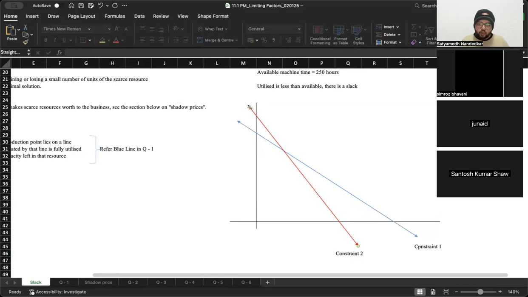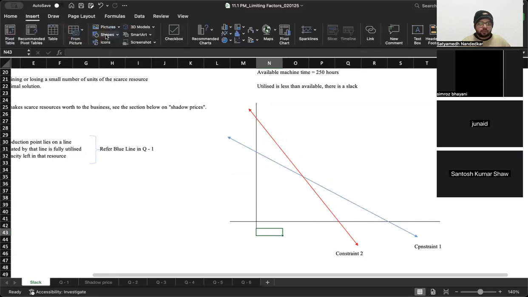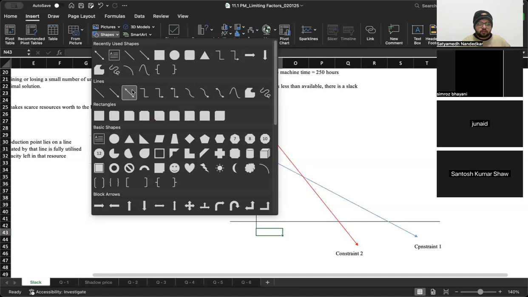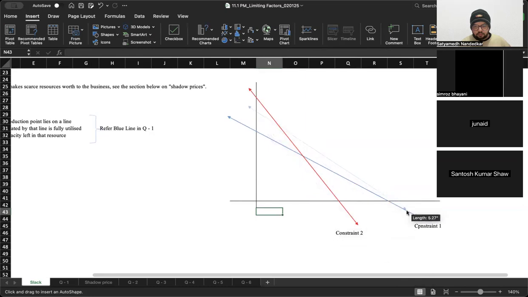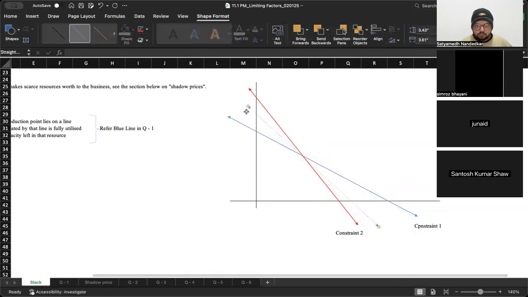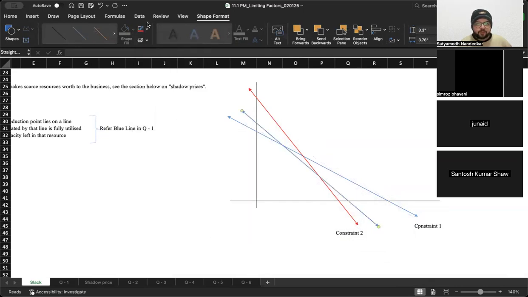This is constraint 2. And let's draw one more line which indicates constraint 3. Let me make it a little more bold than the usual lines.